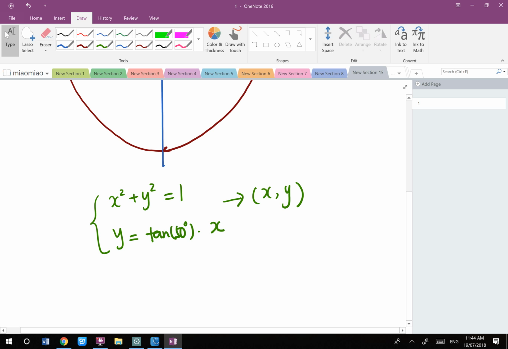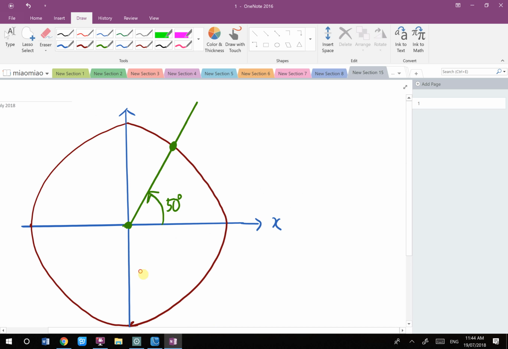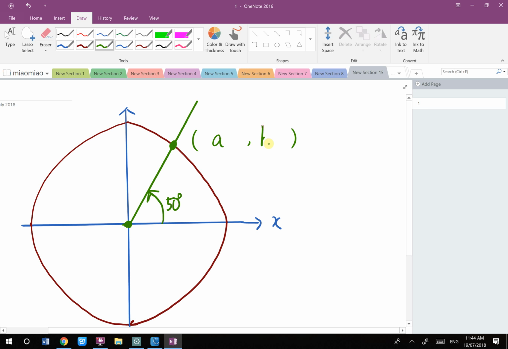The intersection is important. That's how we define sine and cosine. Let's say that's (a, b). I assume we solve out x and y. The x value represents the cosine of this angle, and the y value represents the sine of this angle.